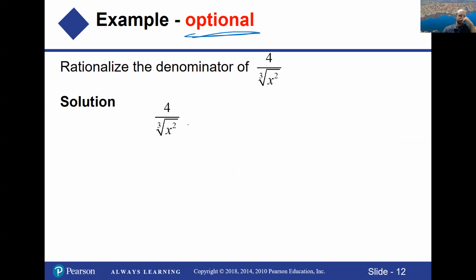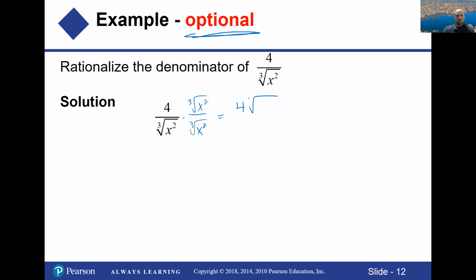So in this case, I could multiply this by the cube root of x squared over the cube root of x squared. The thing with that is, if I do that, I'm not going to have this rationalized, right?